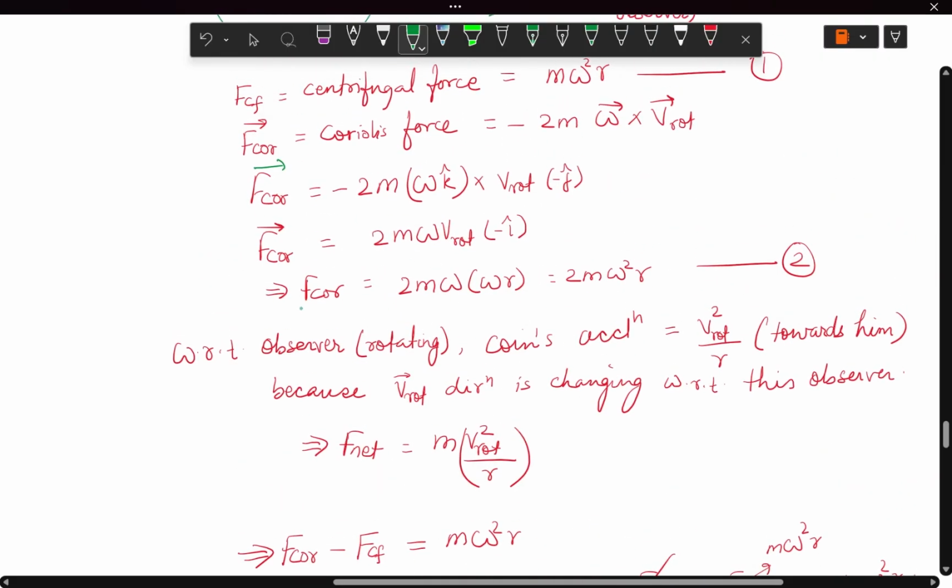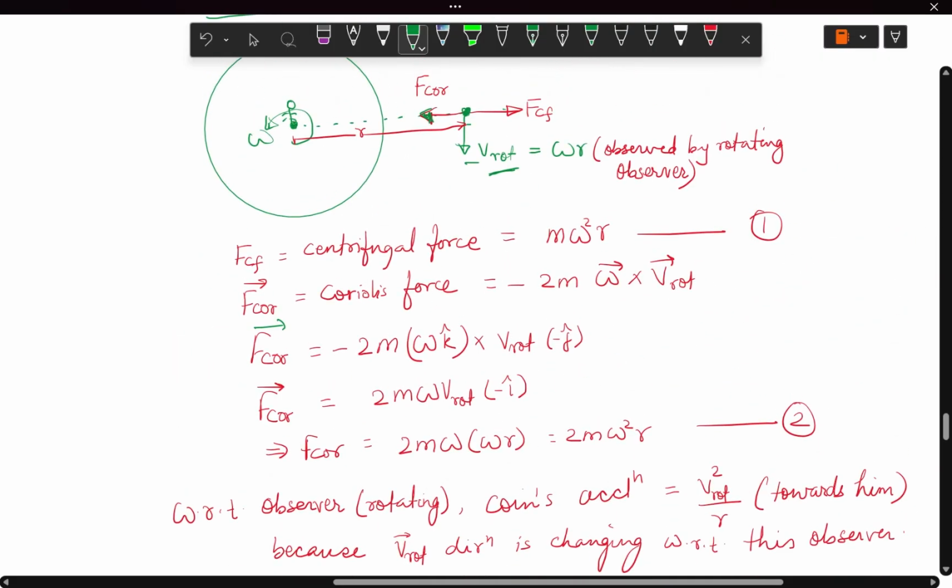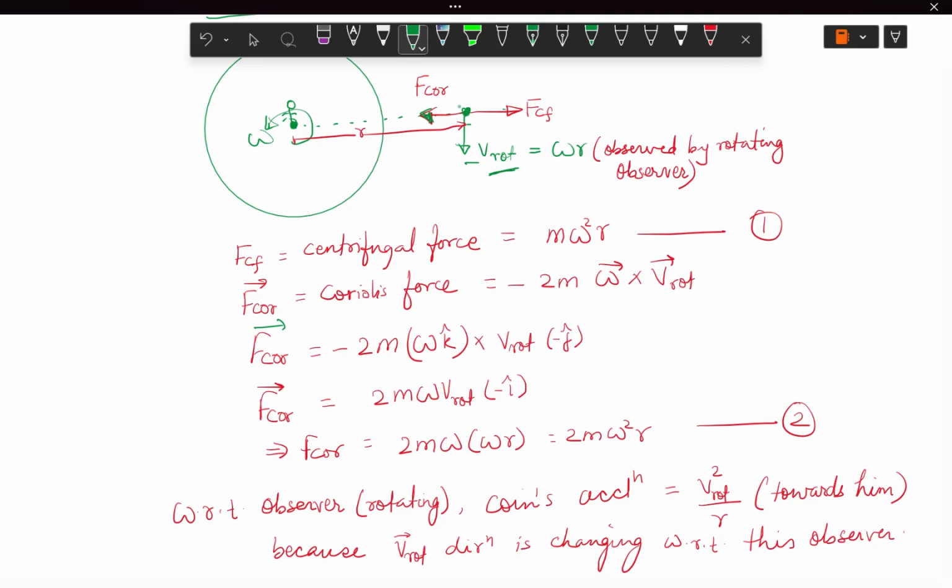Now one more thing, with respect to this observer, will he see acceleration of this particle? Yes, acceleration won't be zero. There will be some acceleration. And what will be its acceleration? He will see that the particle is going to rotate in which direction? In this direction, right? He will see that VROT is changing its direction.